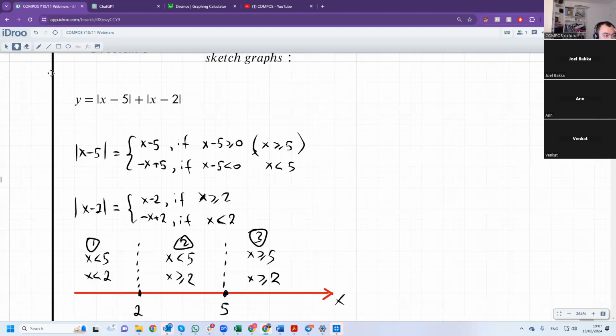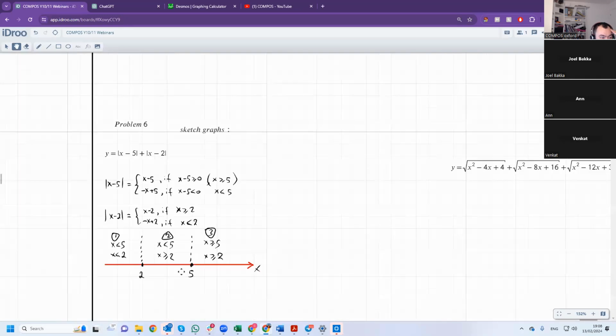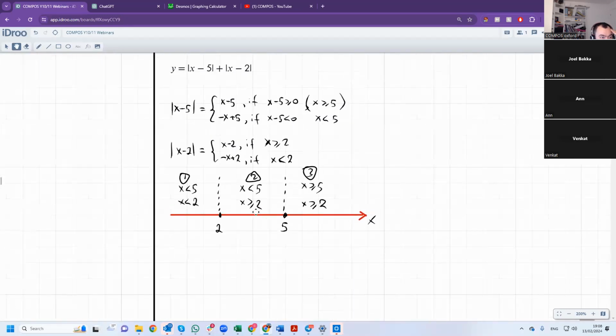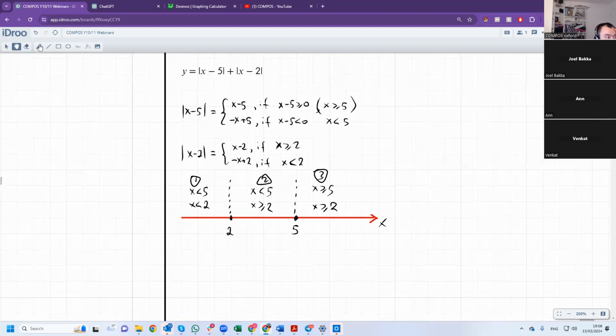So in the first case, if both of them are negative, then y is minus x plus 5 minus x plus 2. So that means that y is equal to minus 2x plus 7.